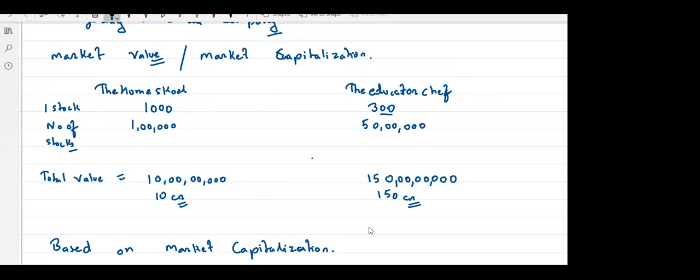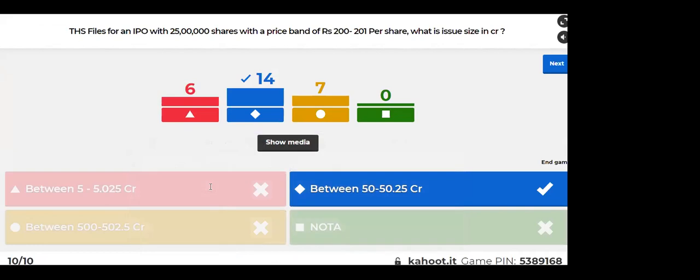Multiply them. So, very good, Rajat. See this. What is the number of shares? 25 lakh. And what is the price band? Minimum share is 200. So, 200 into 25 lakh.